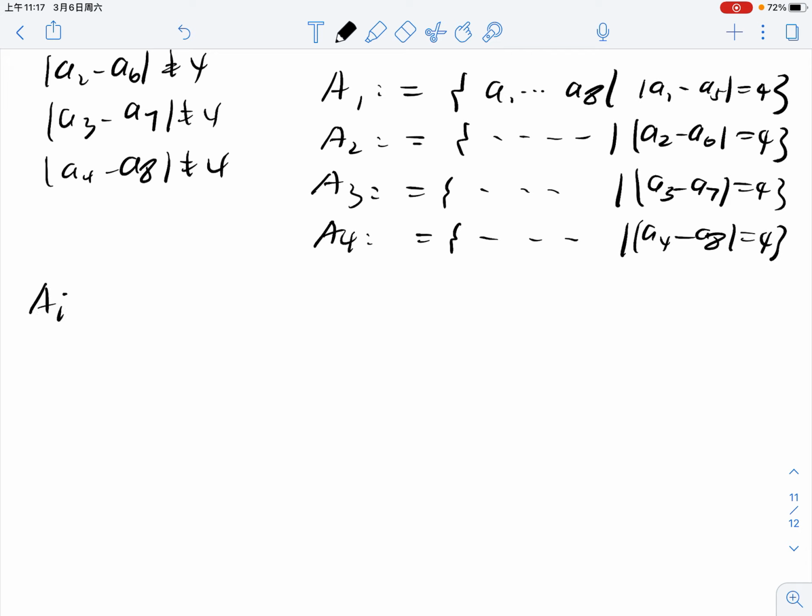And the bottom line is, at least we can apply the inclusion-exclusion principle. This principle holds for all the cases, as soon as you can set up.